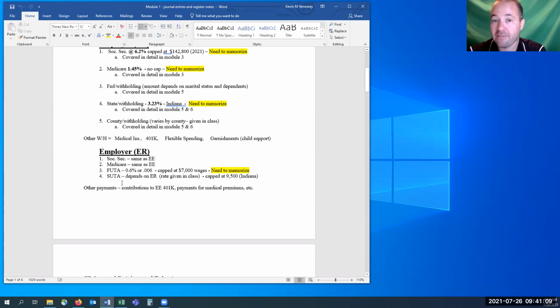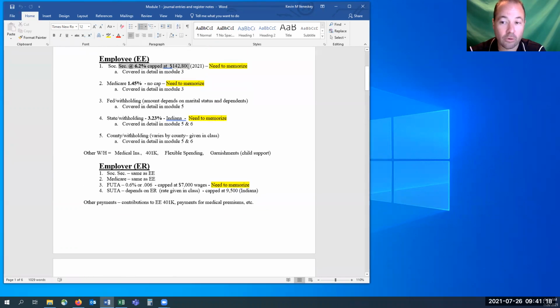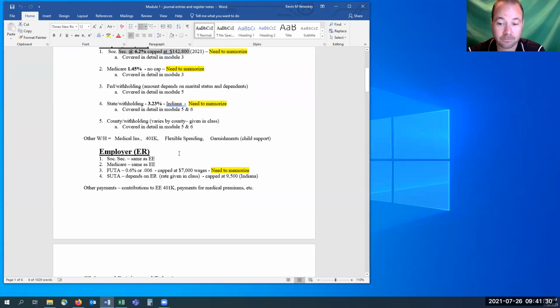Whatever the employee paid, they're going to chip in an additional identical amount. Therefore, what that means is also if the employee is a very wealthy employee and they make a lot of money, if the employee goes over the cap, so will this employer. They will no longer pay into Social Security either.